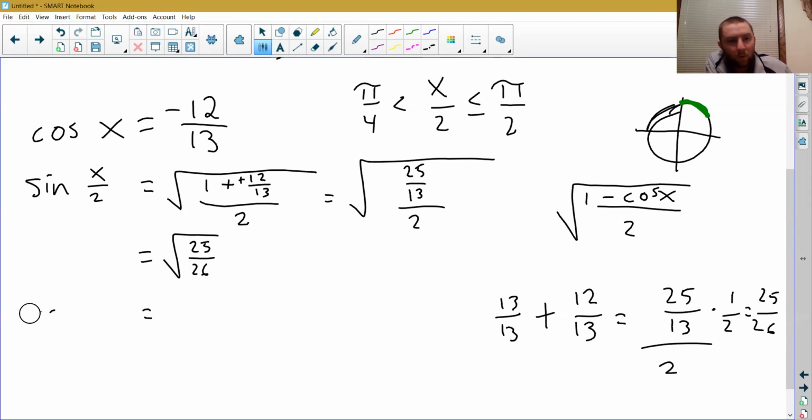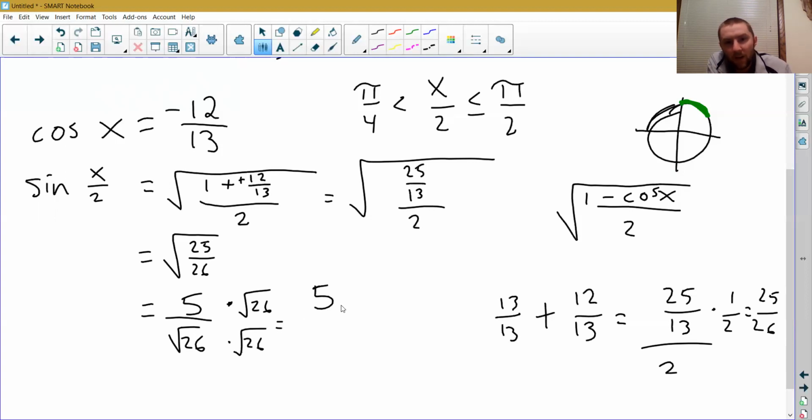Okay, and now we could, of course, simplify that radical if we wanted to. We are allowed to take the square root of the top. The square root of 25 is just 5. The square root of the bottom I don't necessarily know, so I'll leave that as the square root of 26. And then I can rationalize that denominator, right? All of these things that we know from previous classes, multiplying by radical 26 over radical 26.